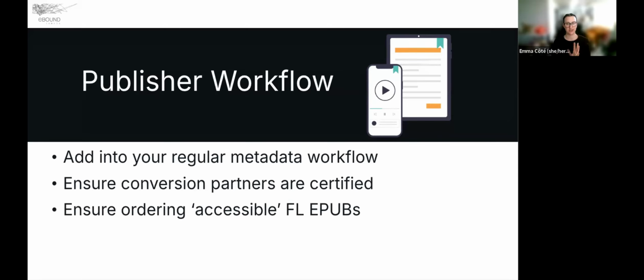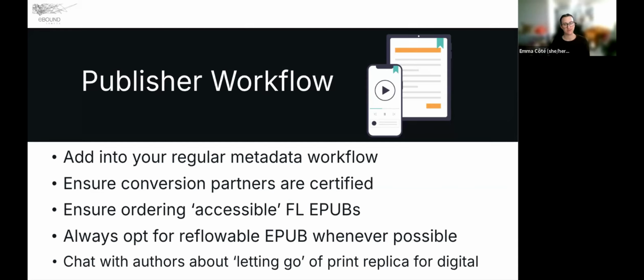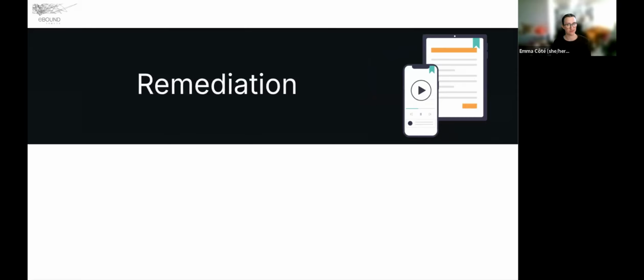And now you know how to do some QA and check that they're there as well. And again, if I haven't said it enough, opt for refillable whenever possible, even if that means sacrificing a little bit of the design. It's really important to chat with authors about letting go a little bit of the EPUB version being an exact replica of the print version.